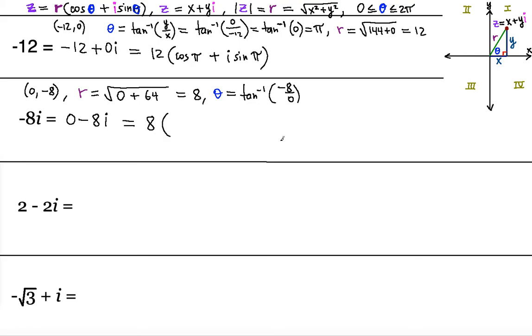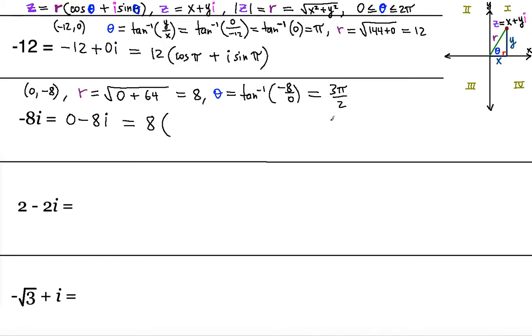Okay? So the angle is going to be 3 pi over 2, because negative 8 divided by 0 is basically giving you a negative infinity, right? It's not even a number, right? It's negatively infinite. You can't even count that. So we know the arctangent of that must be 3 pi over 2.